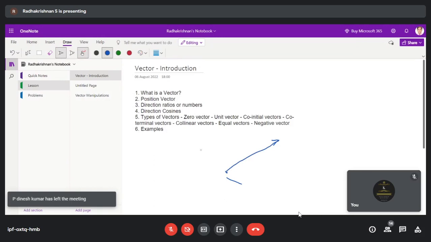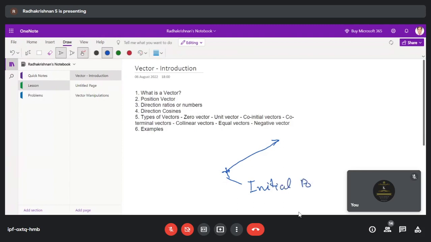So this point, this is called initial point. Right? Like I said, it has got a particular magnitude, so it has got an end point. So end point we call it as terminal point.